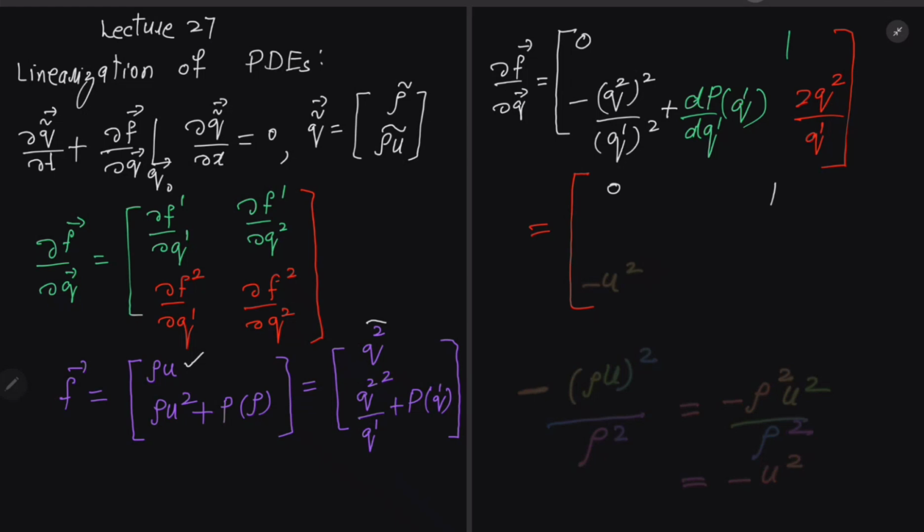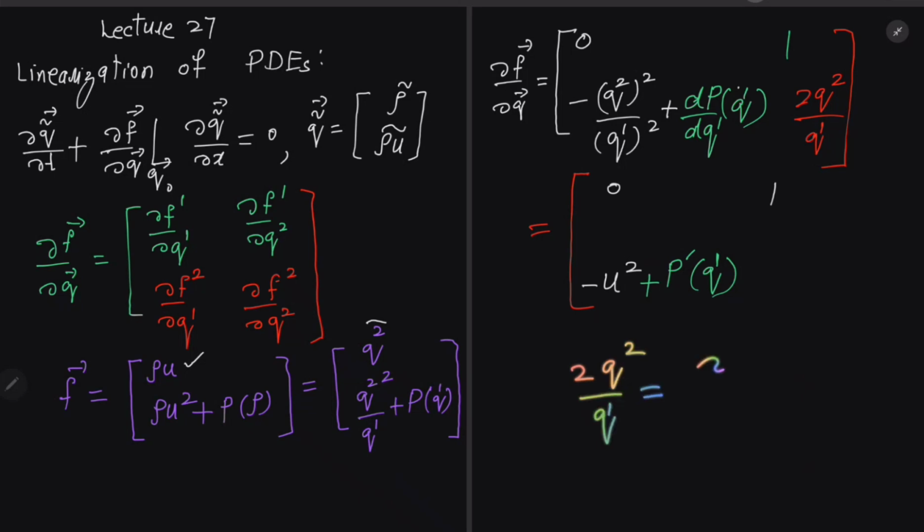I write it formally as minus u square. This quantity remains the same, plus p dash of q1. And the next quantity is 2q2 over q1.